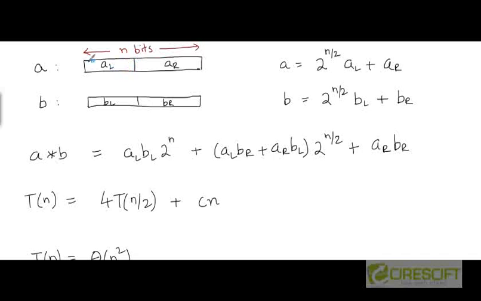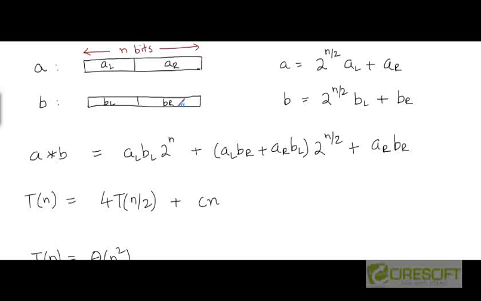So a sub l is the first n by 2 bits of a, and a sub r is the right half of a. Similarly, b sub l is the left half of b, or the first n by 2 bits of b, and b sub r are the remaining n by 2 bits of b, or the right half of b in the binary representation.